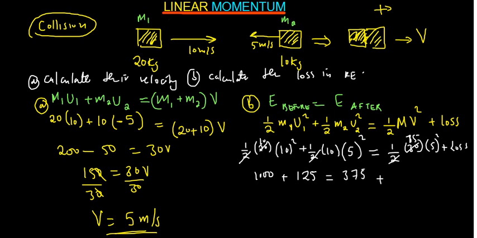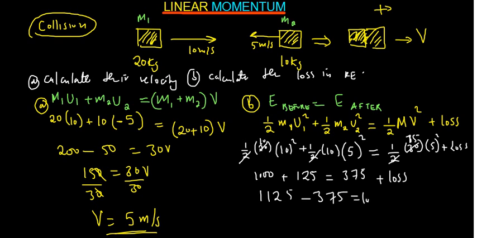And then plus the loss. So I'm going to take all numbers to the same side just to make sure that everything is the same. So this is going to be 1000 plus 125. This is going to be 1025. No, this is going to be 1125. And then I'll bring the 375 to the other side, it becomes negative 375.